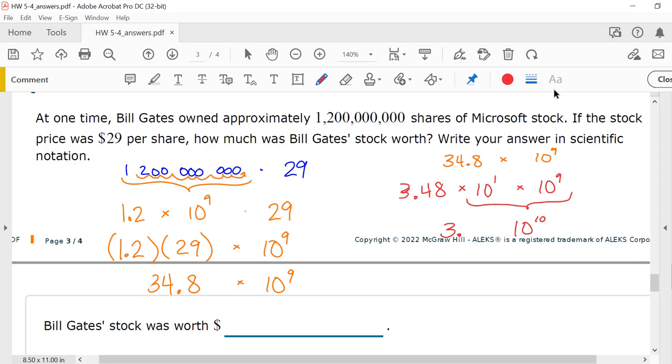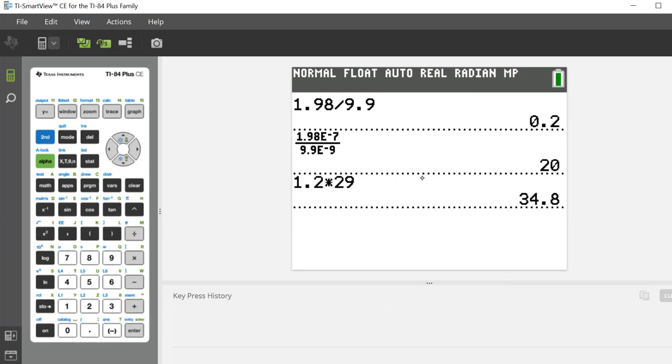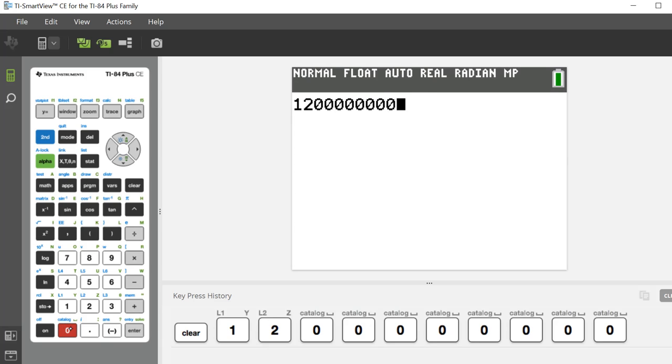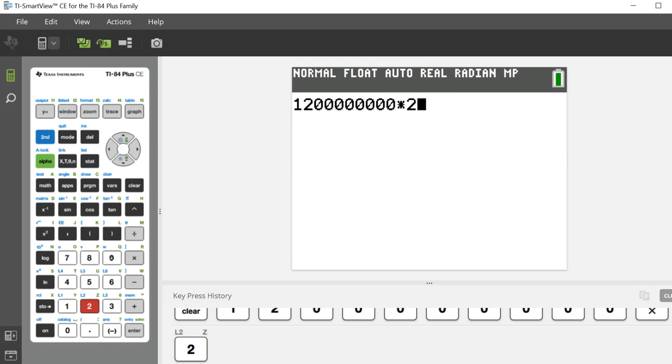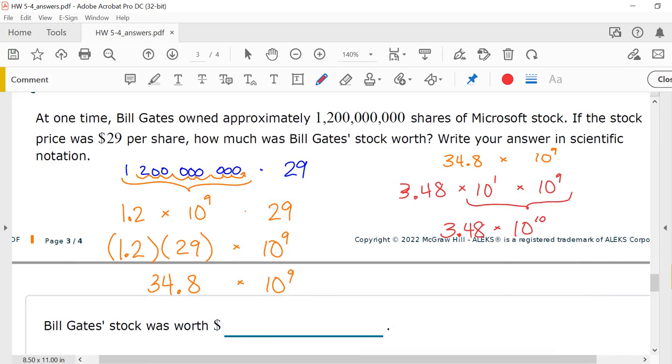So my final answer is 3.48 times 10 to the 10th. Had I done this on the calculator to begin with, I would want 1,200,000,000 times $29 per share. I get 3.48 times 10 to the 10th, right there.